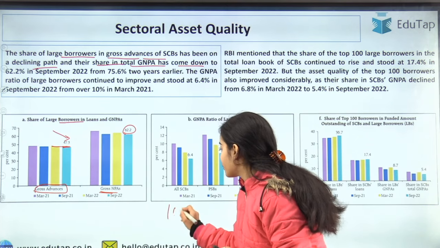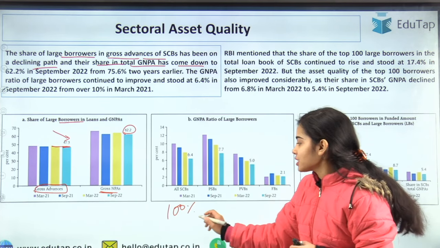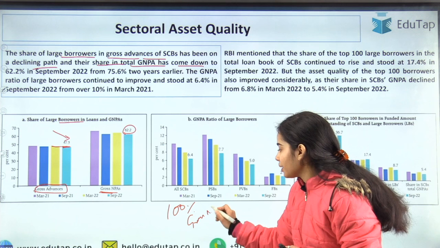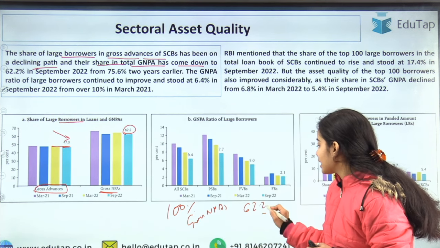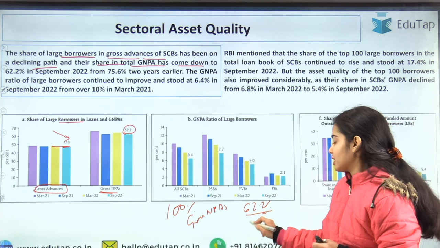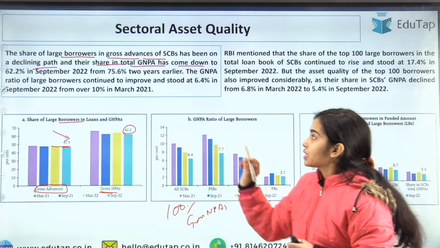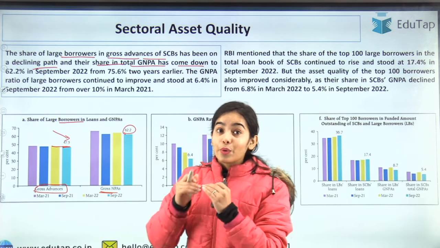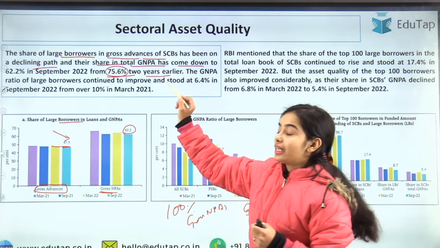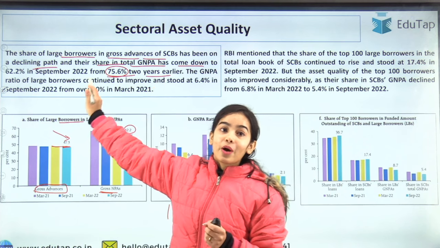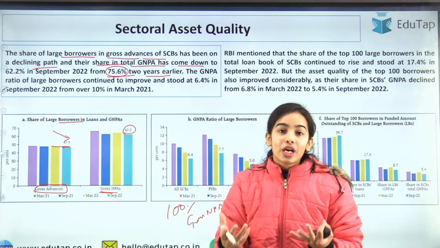So of the 100% of gross NPAs in the country, 62.2% is from the large borrowers, and that is lower, because two years earlier it was 75.6%. That is a good amount.